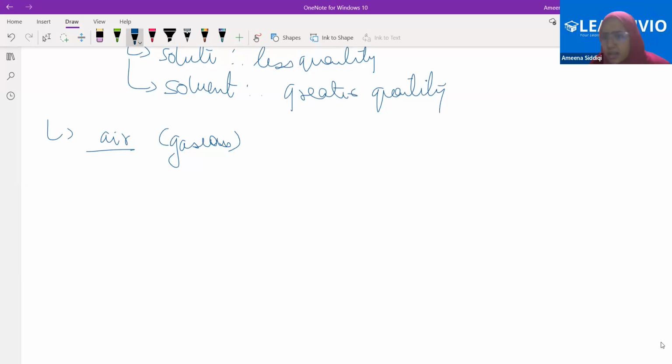Then why is air a mixture? Because there are other particles of gases mixed together, so that's why it's a mixture. Wonderful. Generally it's a mixture because of all the major properties which are inclining towards a mixture.